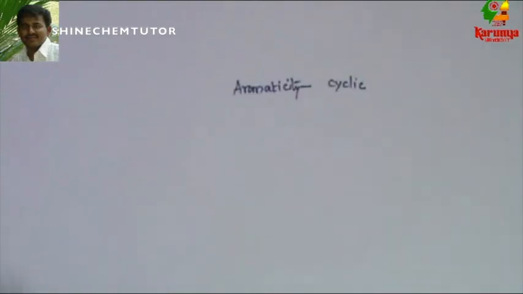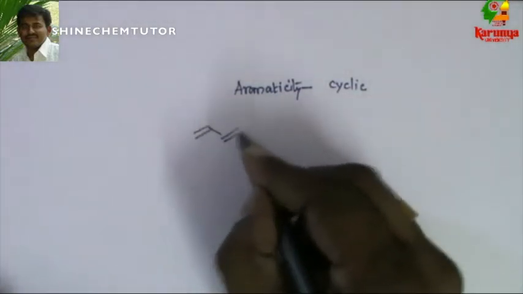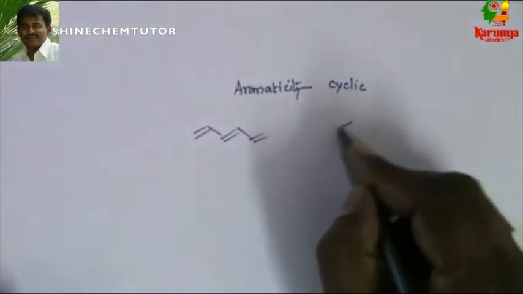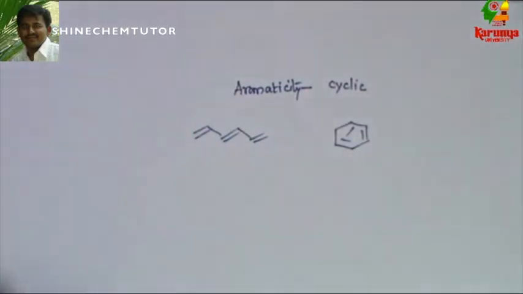Generally, the compound, whatever they give in the problem, will be cyclic. They don't compare a triene like this and benzene. So this cyclic you can easily identify, so there won't be much difficulty.